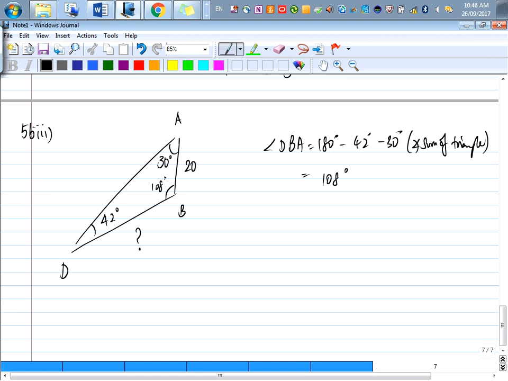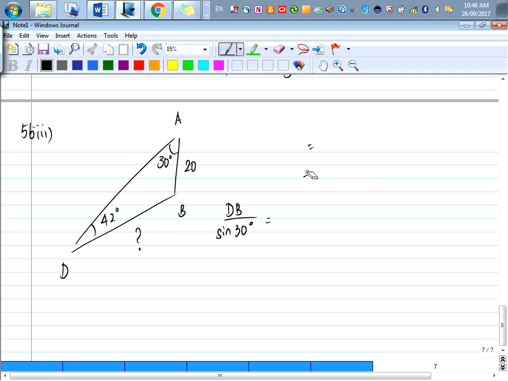And I can use my sine rule again. DB over sine 30 is equal to, I don't even need this, 20 over sine 42 degrees.